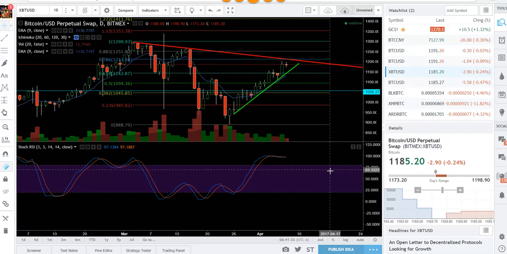Now, I use the stochastic RSI on all time frames to tell me how much strength a move could have behind it in that relative time frame.